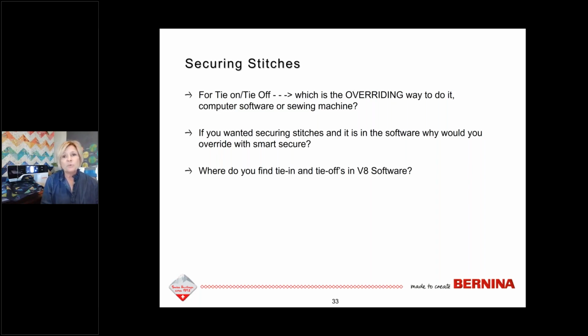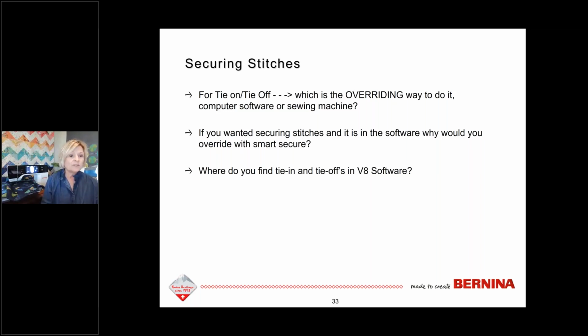Depending upon where I'm putting that design, maybe one design that I'm stitching out, in this area, I do want to tie a knot because this is in a huge focal point. And so I don't want my securing stitch there, so I'm going to leave it off. But maybe in another place with that same design on that same quilt, maybe I do want it, and I can control it there. So that's why I like to start with just no securing stitches, and then I can add them as I want.